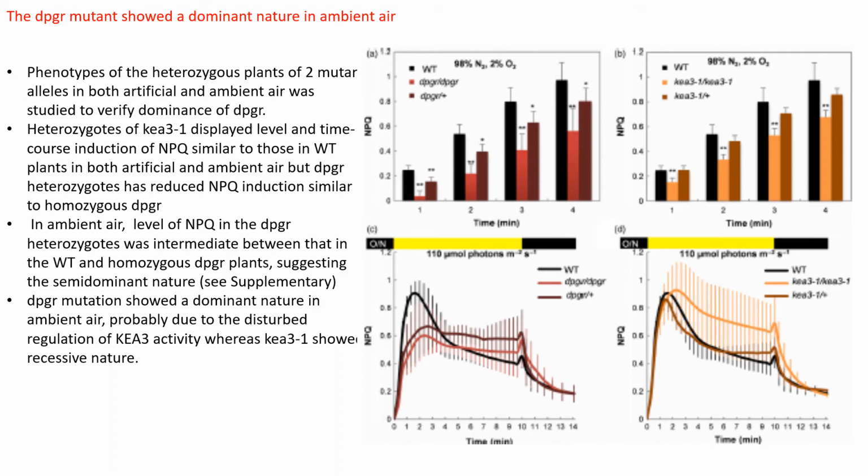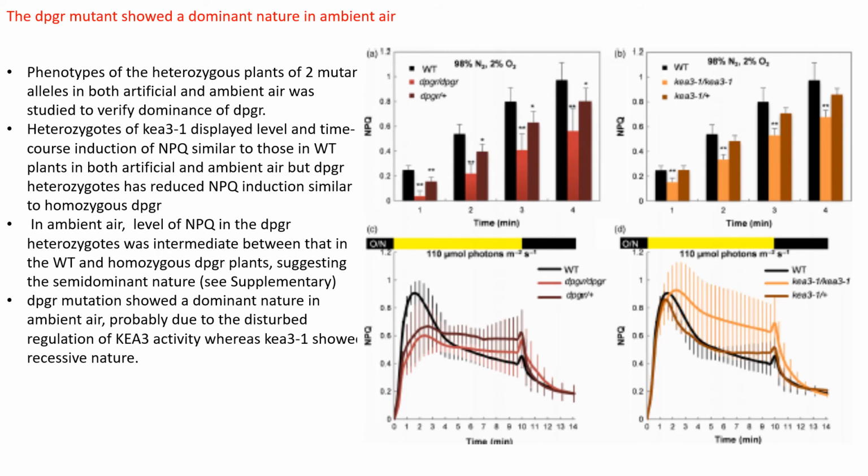Phenotypes of the 2 mutant alleles' heterozygous plants were studied in both the artificial air, which is 2% oxygen, and ambient air, which is 21% oxygen, to verify the dominance of the DPGR mutant.